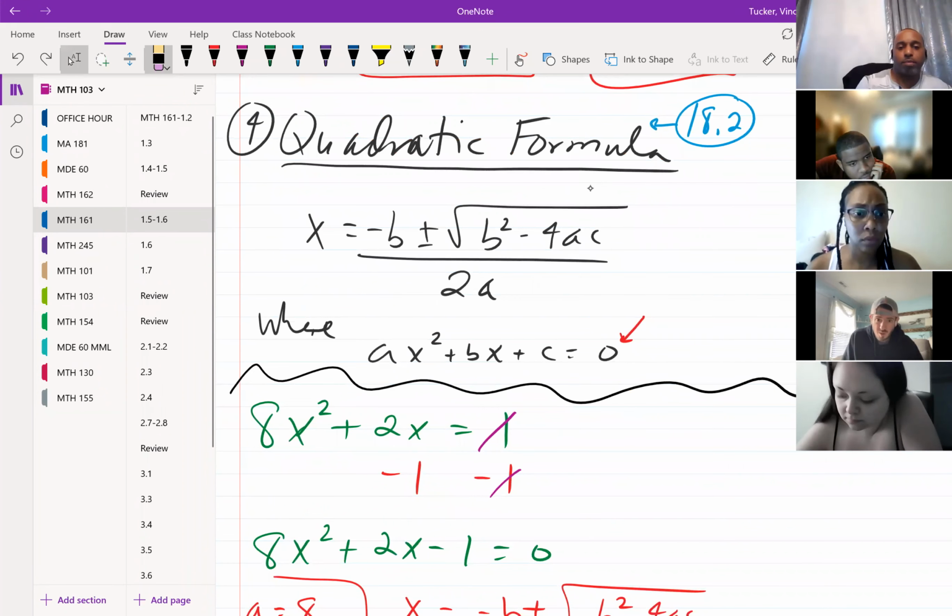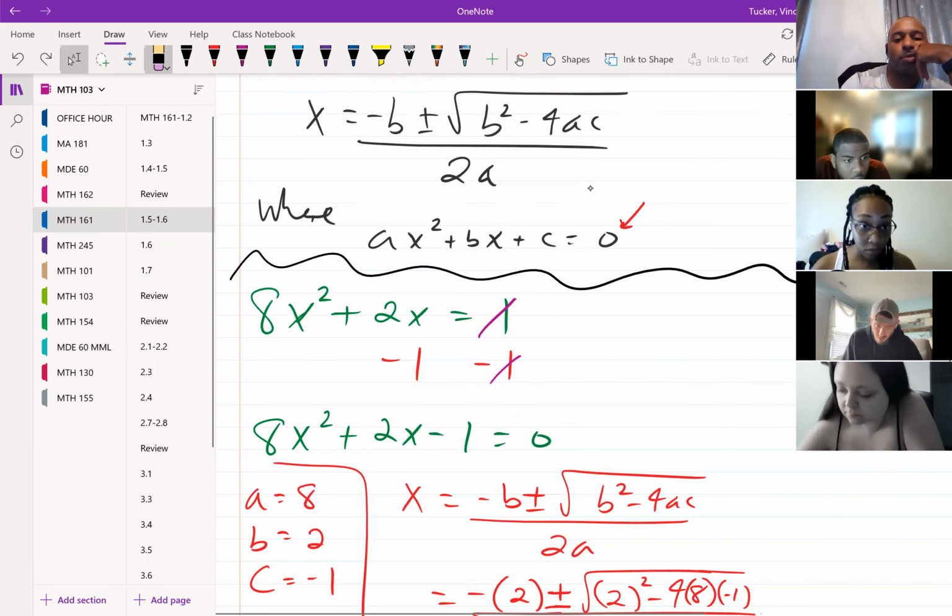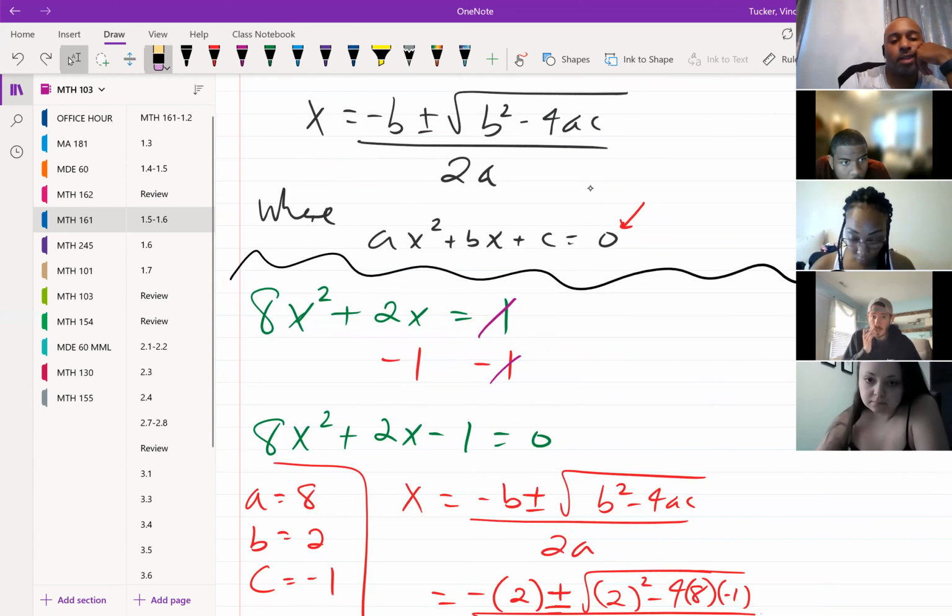That's 8x squared plus 2x minus 1 equal to 0. Once you've established that one side is equal to 0, you can also establish exactly what a, b, c will be. A is 8, b is 2, c is negative 1.